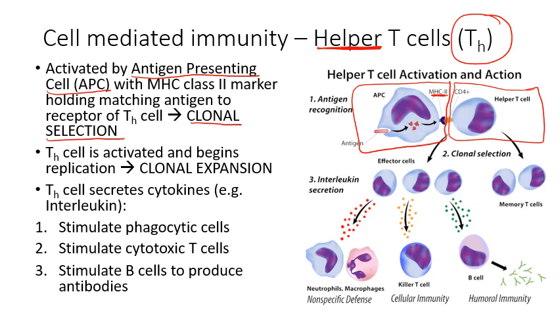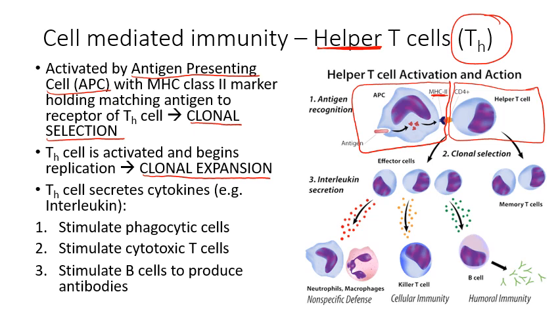That T helper cell will then be triggered to undergo something called clonal expansion. Now this is where the T helper cell will be activated and will naturally replicate itself really, really fast. So instead of just having one of these T helper cells that has a complementary receptor to the non-self antigen, you're going to end up with thousands of these in your body.